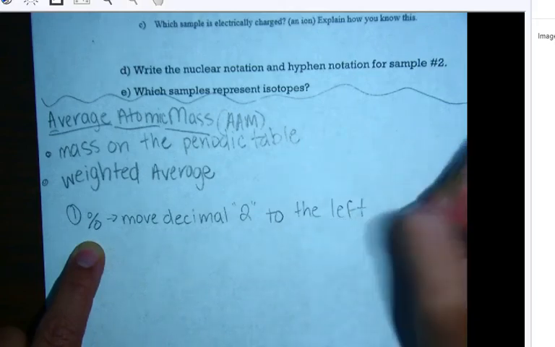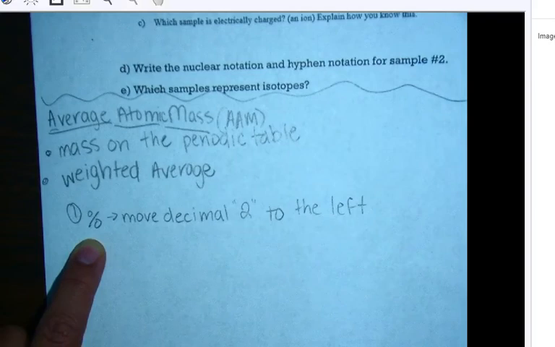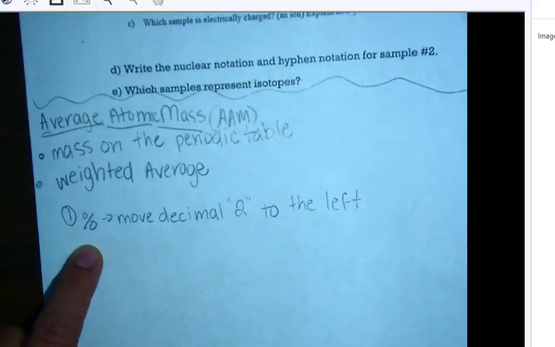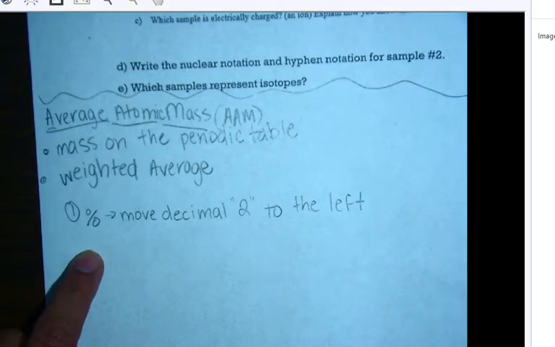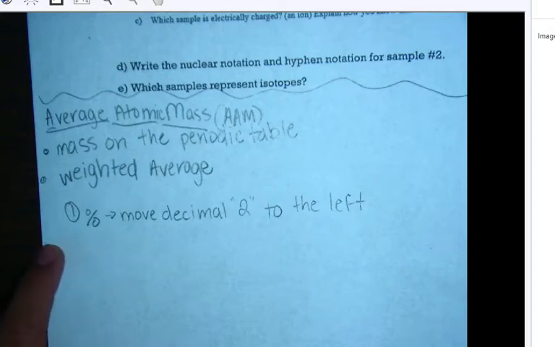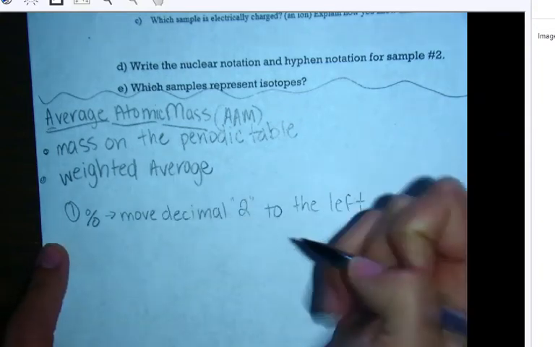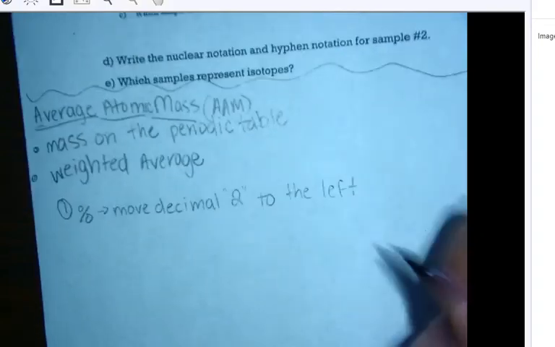If I move that decimal 2 spots to the left, what number did I just divide it by? Anybody know? Not 10, but 100. Percent means out of 100. That's where that comes from. Century is 100 years, right? So percent means per 100. So we just changed it back to decimal form. We're going to do that first.